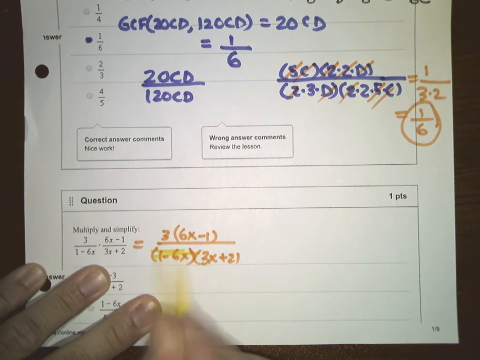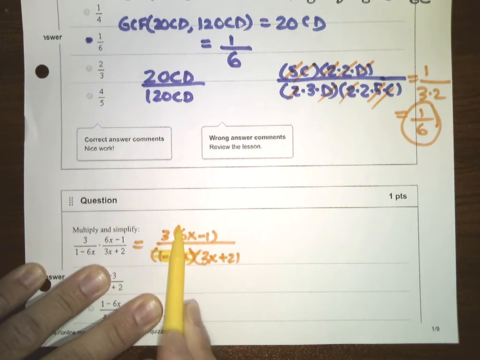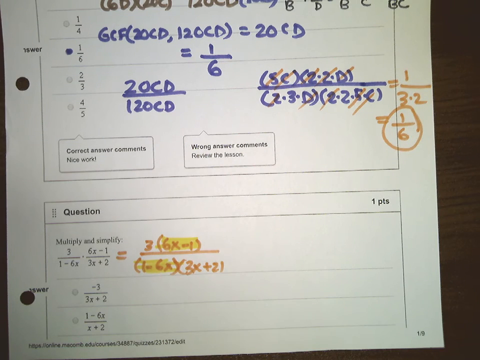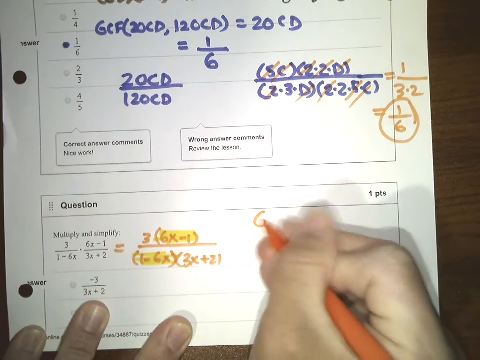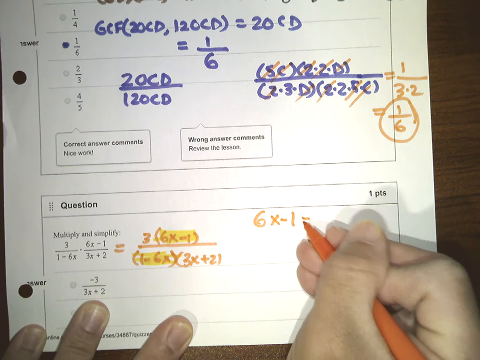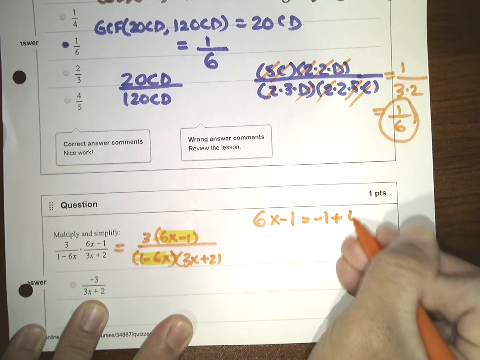This 1 minus 6x and 6x minus 1 are very similar, but they're not the same, so I can't divide them out just like this. But I can think to myself that 6x minus 1 is actually equal to -1 plus 6x.